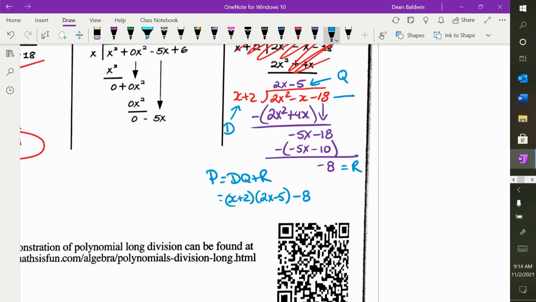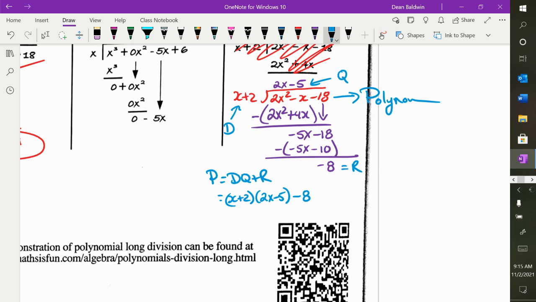And what you're dividing is your p-value, your polynomial. So it's the same process that we did. On a test or anything, would you want us to go further than that? Nope, you can't go any further than that. You're done.